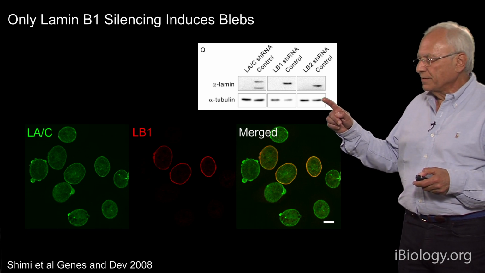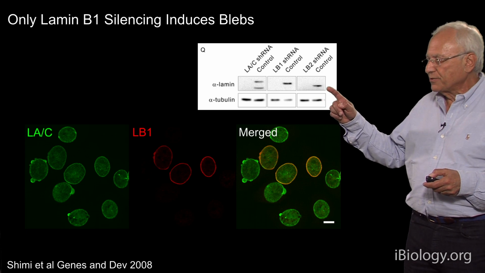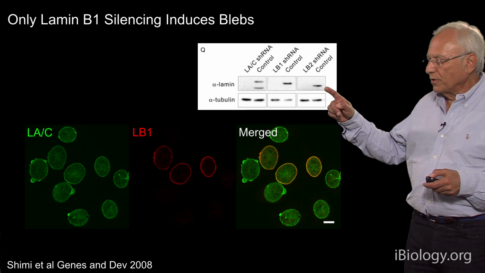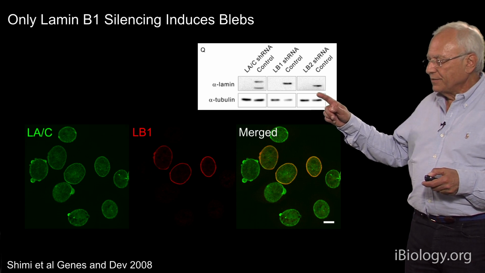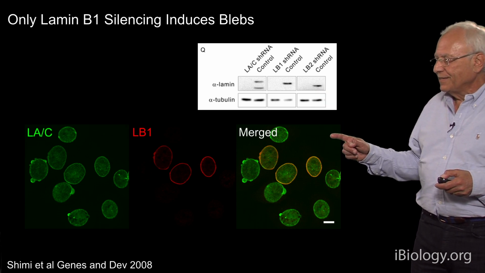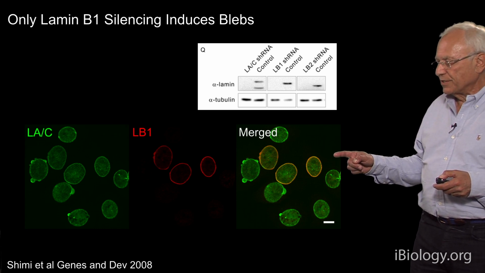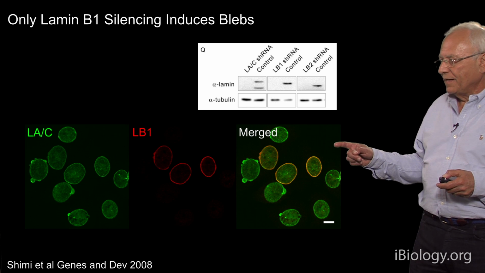And you can see at the top panel here, using Western blots, that these work quite efficiently, and the controls are on the right in each case, and the silenced cells are on the left. And in all cases, in these experiments, we used HeLa cells.